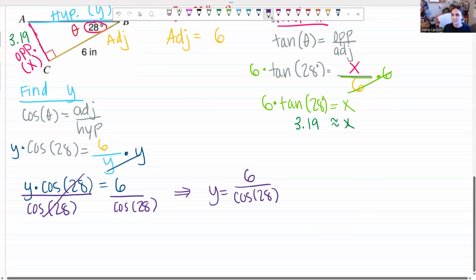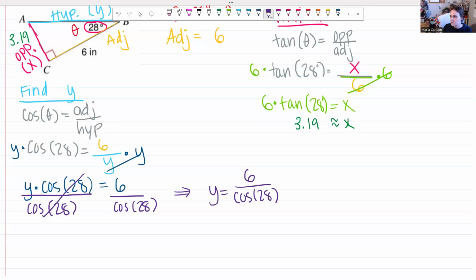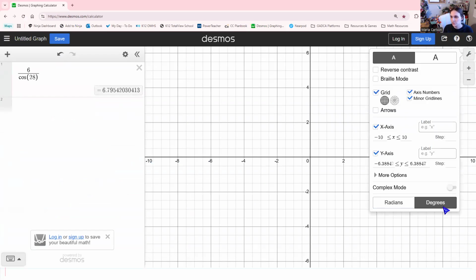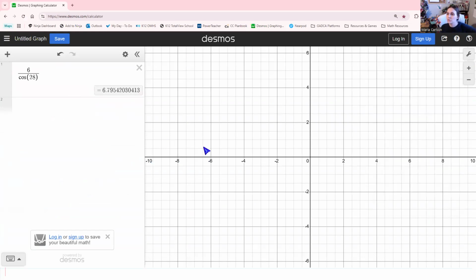And let's round that to the nearest hundredth in Desmos. I will type in 6 divided by, in the denominator, the cosine of 28. And let me make sure this is in degrees still. I always want to second guess because look, this is a vastly different answer when you switch to radians. So please make sure it's in degrees because we're working with degrees of an angle.